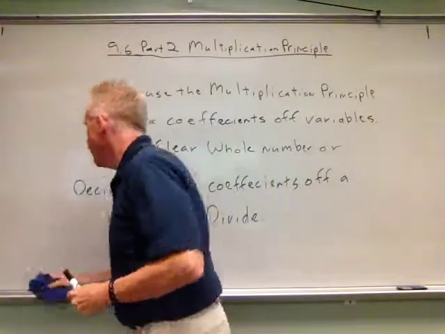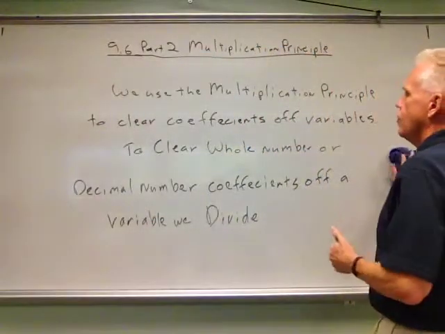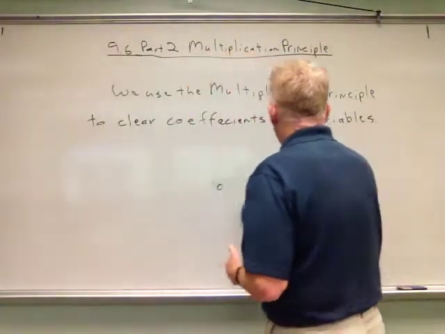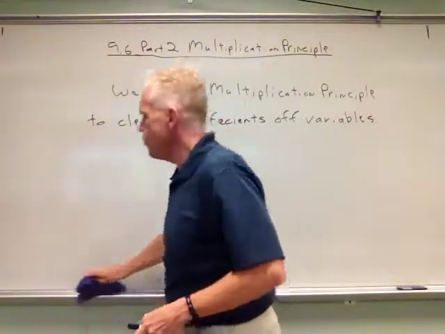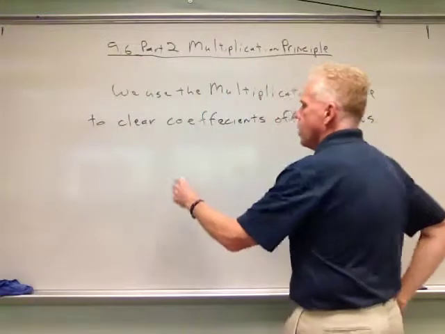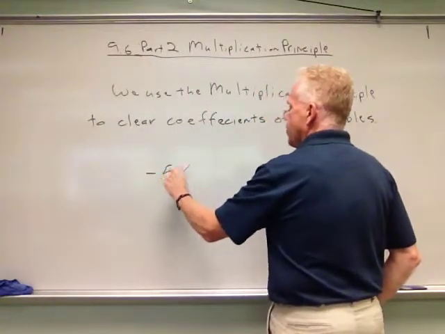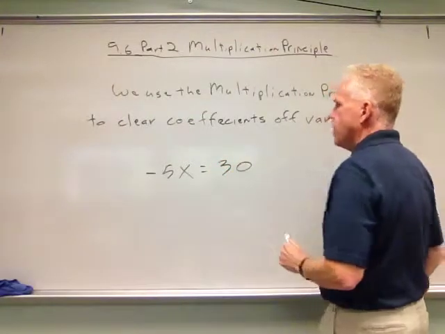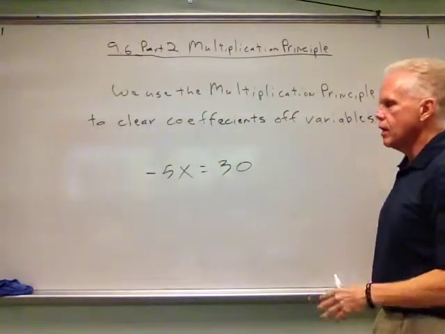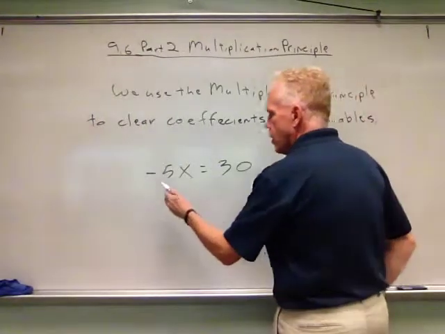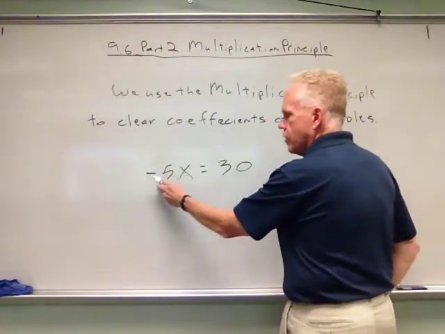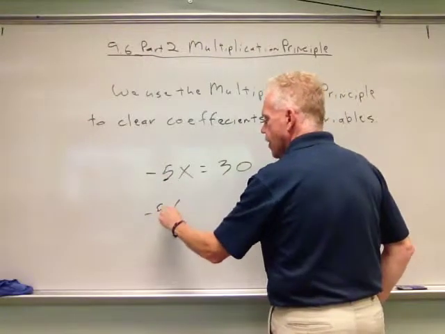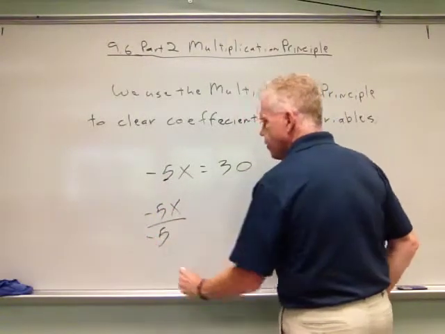Let's do a couple more examples of that so you can kind of see it. Doesn't really matter if it's positive numbers or negative numbers. If we're talking about negative 5x equals 30, to get the x by itself, to clear the negative 5 coefficient off of there, we'll go negative 5x divided by negative 5.